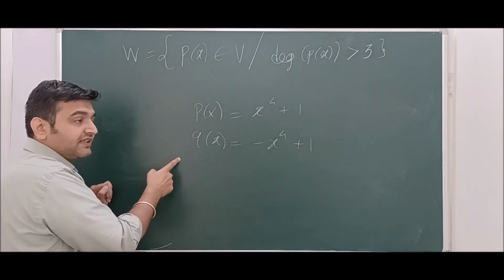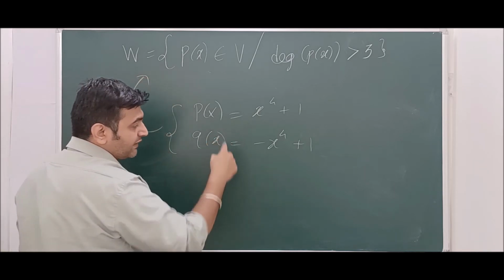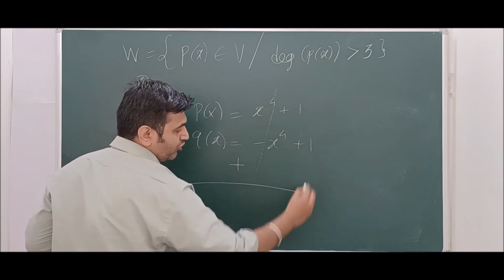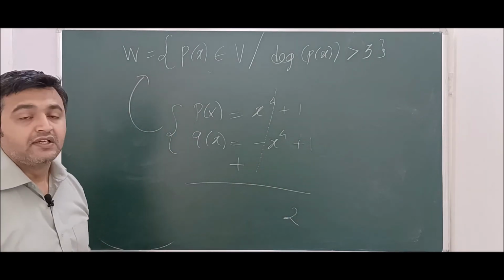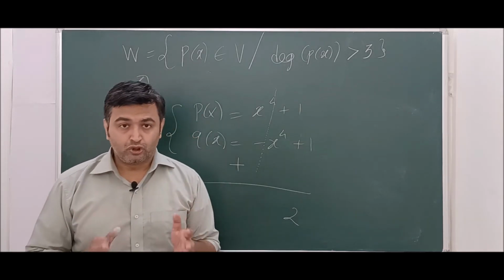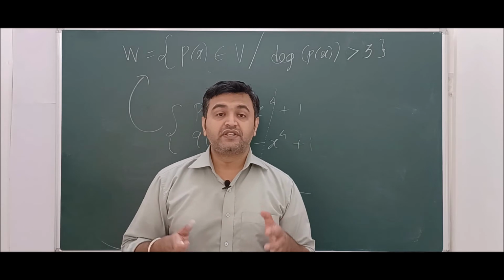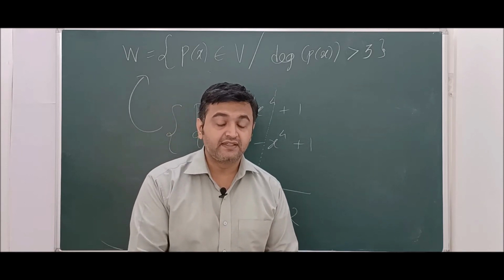Both have degree bigger than 3, so they both belong to W, but when you add them up, this goes away. Your answer is 2, whose degree is not greater than 3. So you will always see Pn of R in the picture, that means all those polynomials whose degree is at most n, because equal to n or greater than n never forms a subspace.